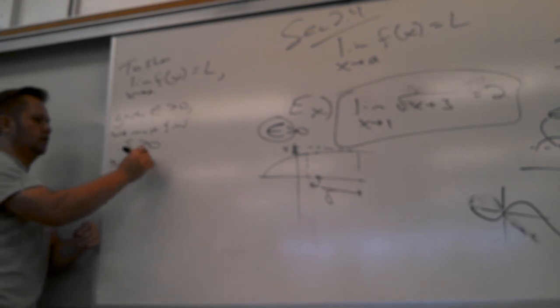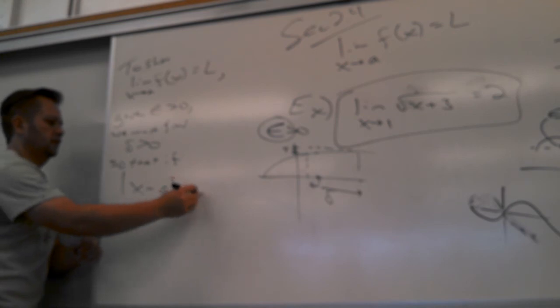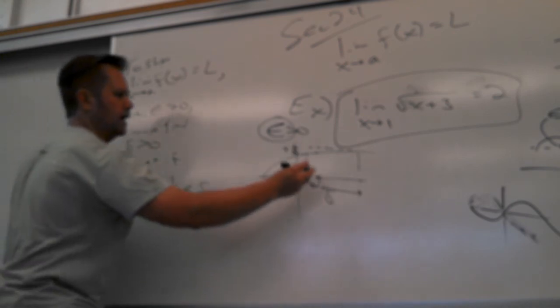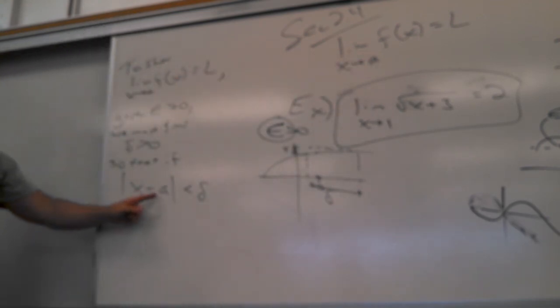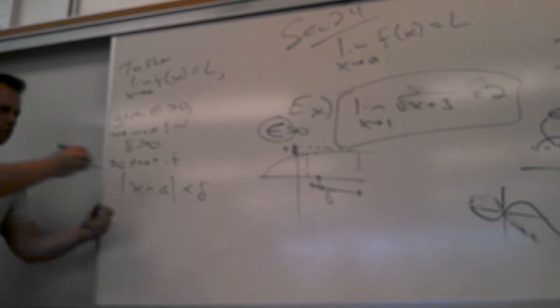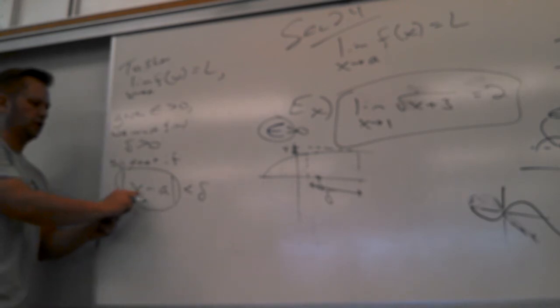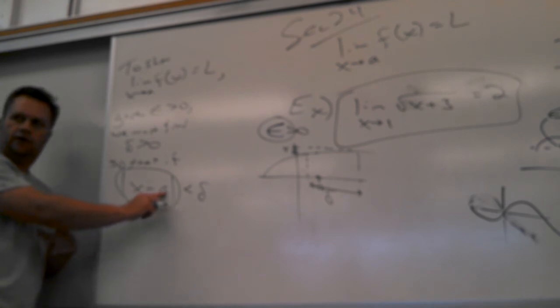So that if, let me see if I can freak you guys out, what does that say? My A is the limit, right? What does this whole thing together mean? What does absolute value mean? The distance. So the distance between my x and my limiting value has to be less than delta.